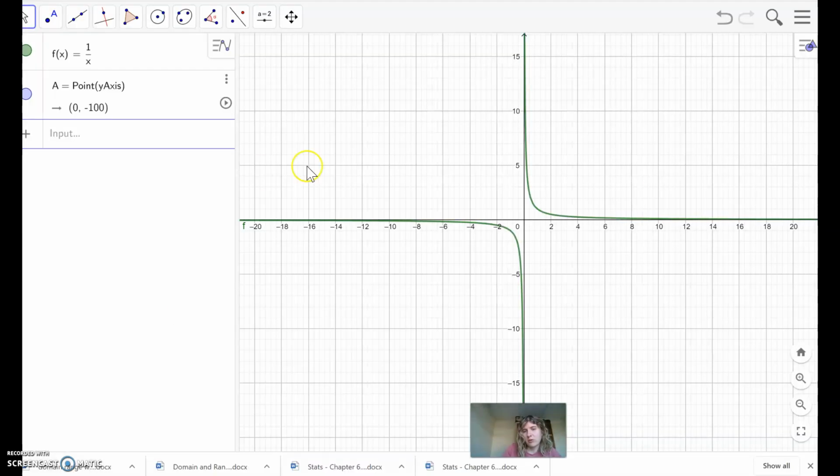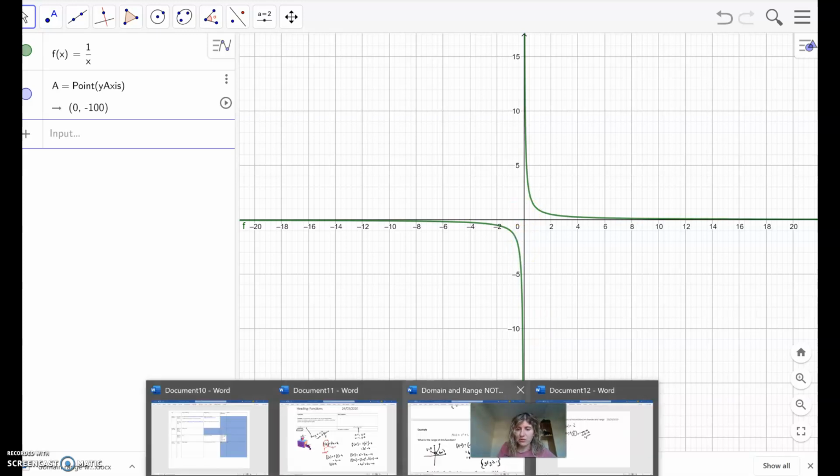So that's why when you look at this graph, it's got that break. Something happens as it goes up to 0, then there's a break, and then something happens after 0. In graph terms, that's what we call an asymptote, and it's a natural restriction on the domain of a function.